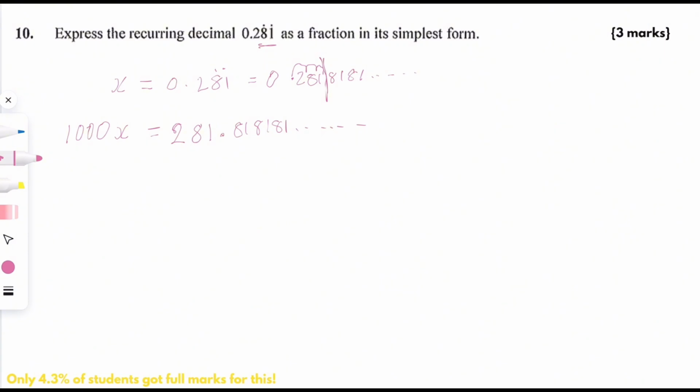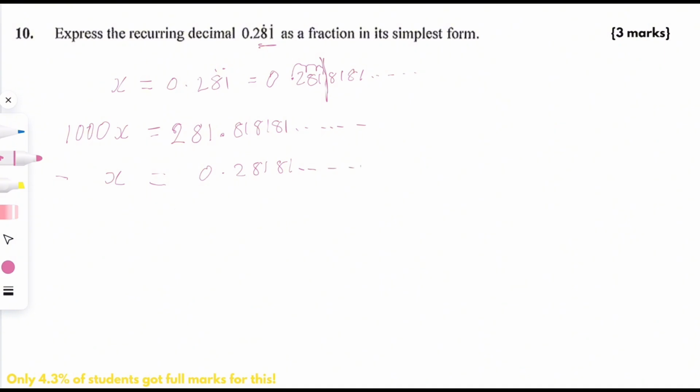So let's just try that out. If I took away x, which is equal to 0.28181, let's put the decimal points in the same place, shall we? What we'll have is another recurring number.